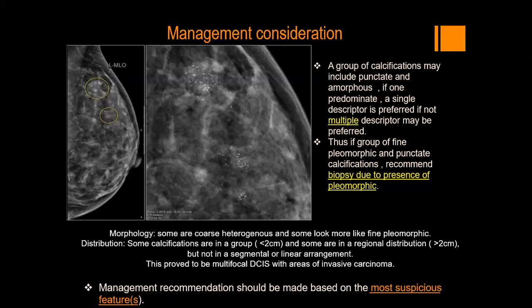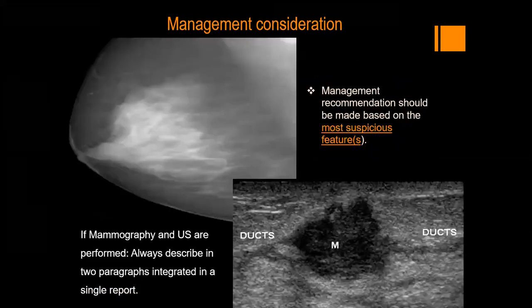And if there is polymorphic and punctate, then we have to consider the presence of polymorphic and recommend a biopsy. Again, if we look here, yes, I have a lesion with perilesional edema and skin edema, but this will be BI-RADS 4 because it can be periductal mastitis or abscess or whatever, or malignancy.